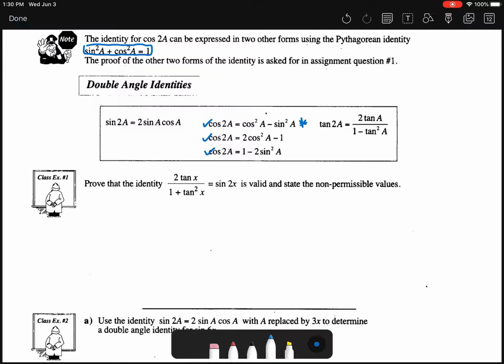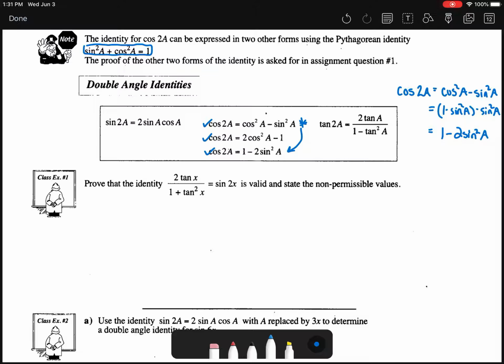So what I mean by that is if I take the first one, for example, cos of 2A equals cos squared of A minus sine squared of A, okay, I'm going to replace the cos squared of A with 1 minus sine squared of A, and then minus another sine squared of A. So this will give you 1 minus 2 sine squared of A, okay, which takes you down to the third one. Had I replaced sine squared of A with 1 minus cos squared of A, I would have ended up with the second one there out of the 3, okay?